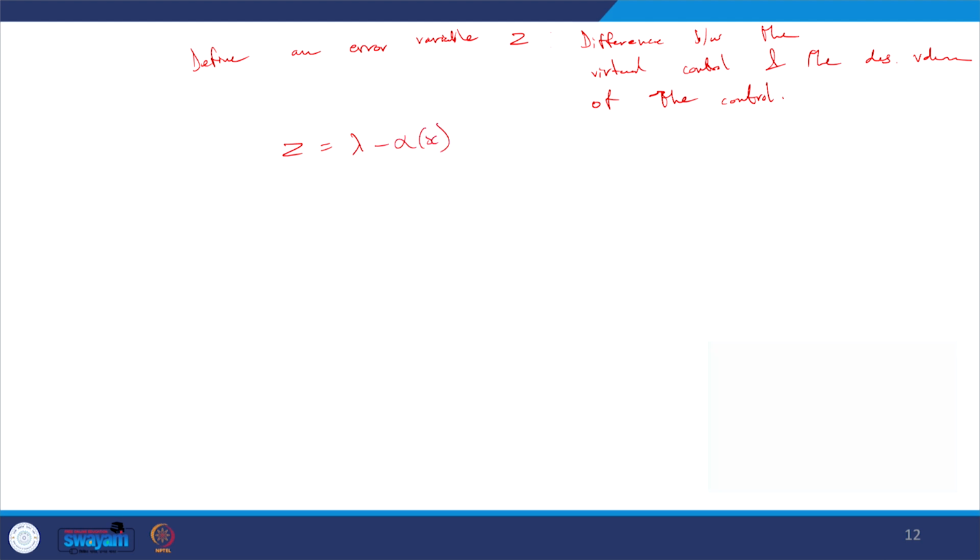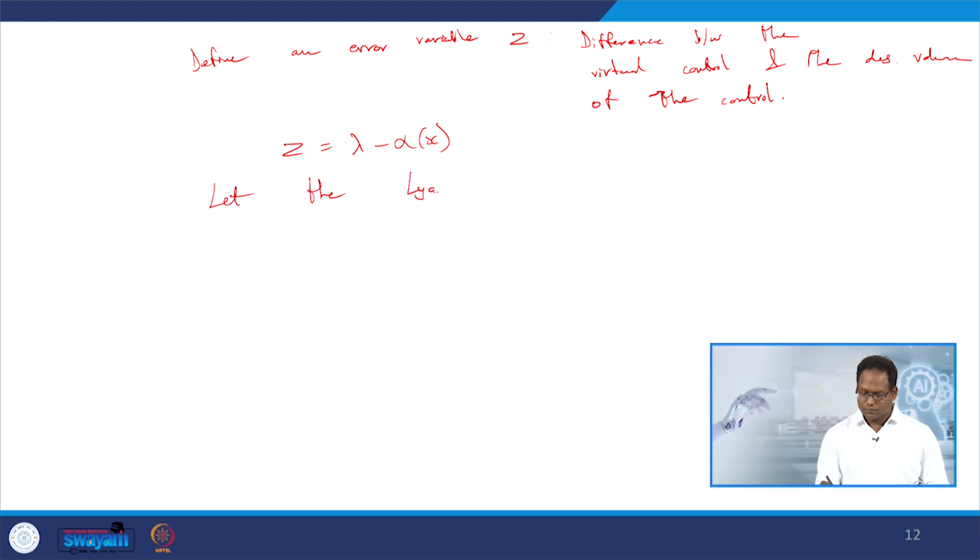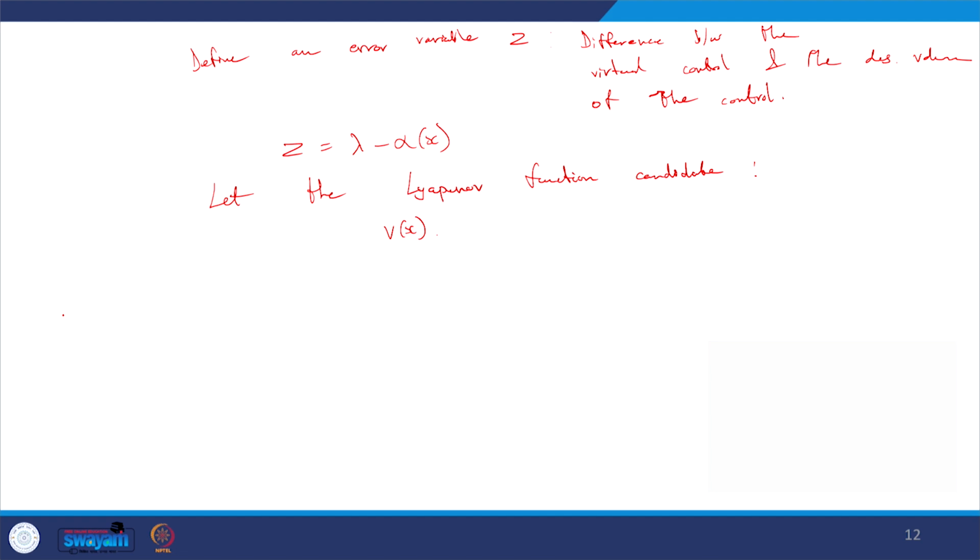Let the Lyapunov function candidate for the system 1, which is represented by the equation x dot equal to f of x plus g of x into u, be V of x.